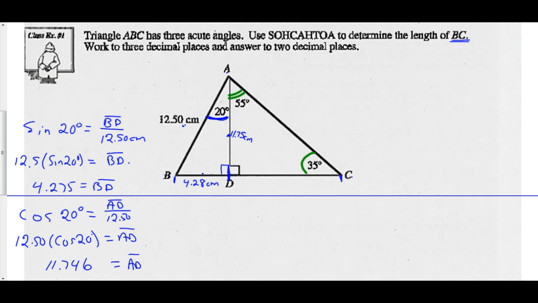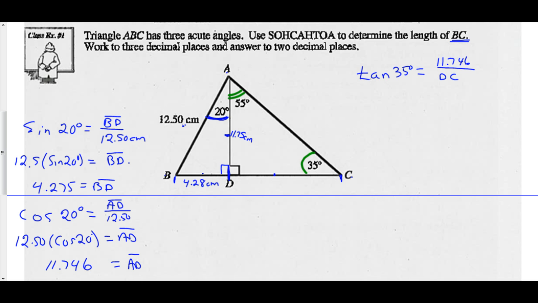I could use 55 degrees or I could use 35 degrees. Let's use 35 degrees. When we know the opposite side, we're looking for the adjacent side. So the tangent of 35 degrees equals the opposite side, which we just found, 11.746, over the side we're looking for, DC.